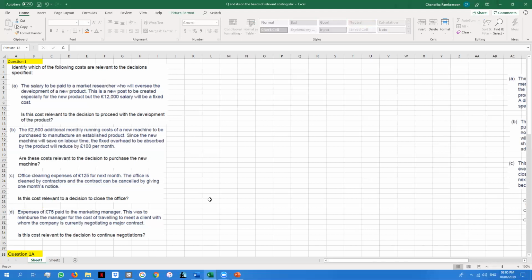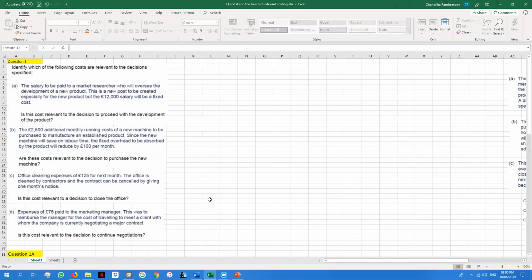Sometimes students would simply say to themselves, well, a fixed cost is not relevant. All they would have focused on is that part about fixed costs, which says it's not relevant usually. But there's a but: it may be relevant if it is an additional fixed cost.